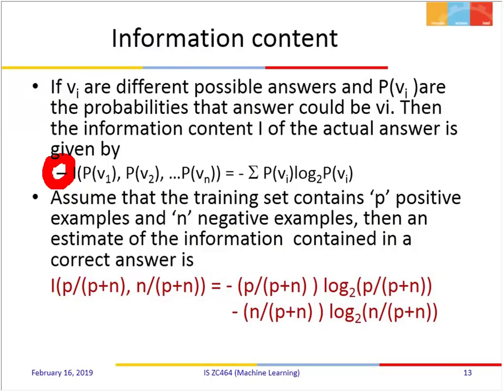So the equation is I of PV1, PV2 up to PVN equals minus summation of PVI log 2 PVI. So Biswajit, is this equation clear now, or should I explain? Okay. So is the summation part clear?